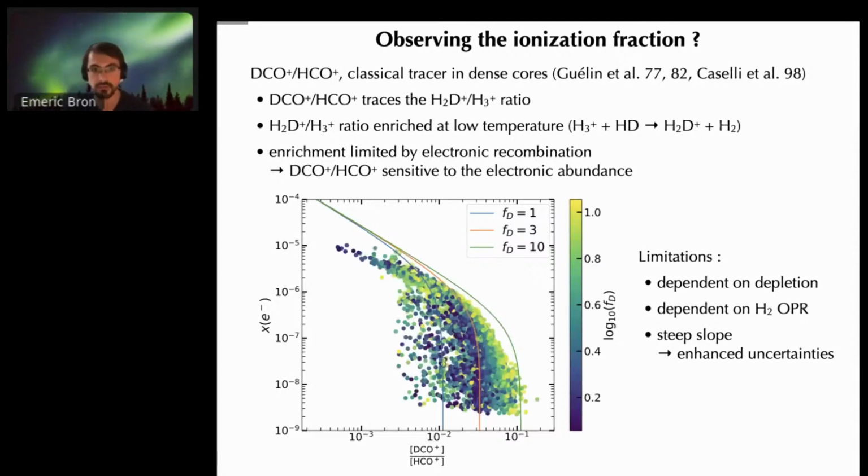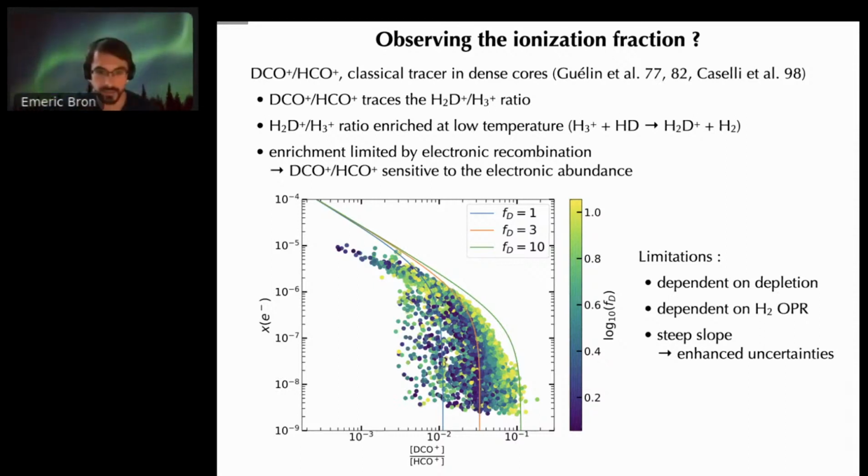If we compare this to a grid of chemical models, of course, the values are a bit different because the analytical relationship is pretty old, and the rates of reaction are known much more precisely now, but the trend is the same. And what we see is that what limits the use of these tracers is that it depends not only on the depletion factor, but also on the ortho-to-para ratio of H2, which is itself a very difficult quantity to measure in observations.